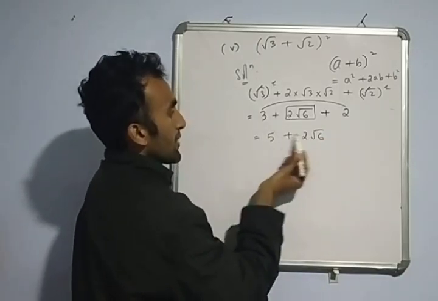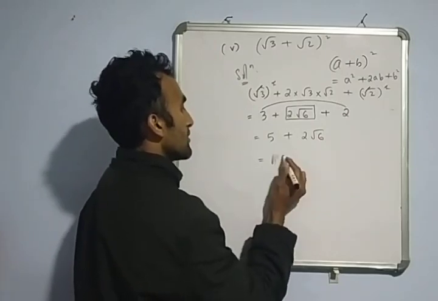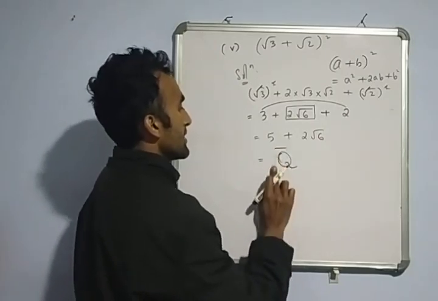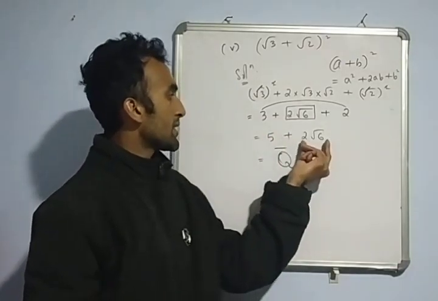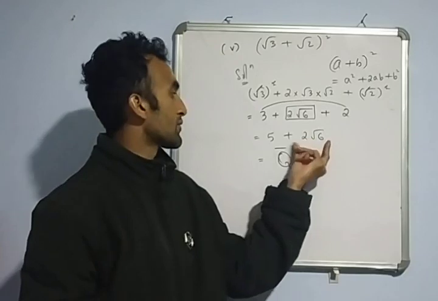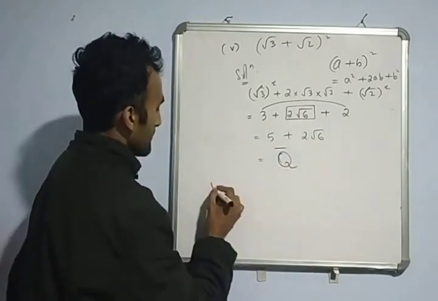I cannot add or subtract with this one. So this becomes irrational, Q naught, Q with the top bar. Because this is rational added with this, as a whole it is irrational. So ultimately everything is irrational. So this is also done.